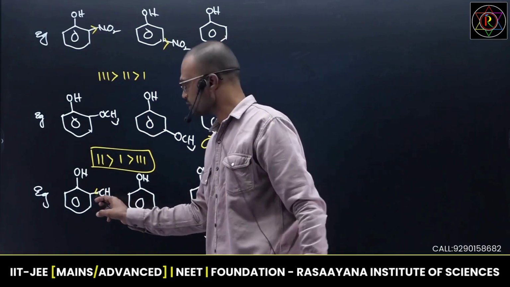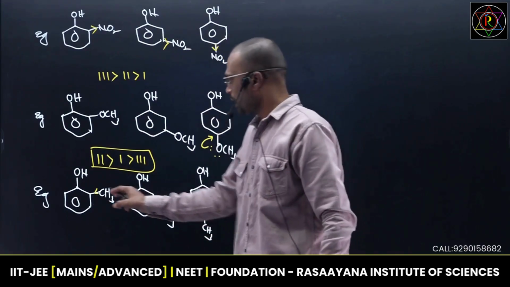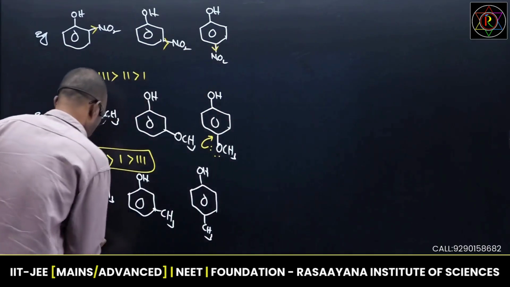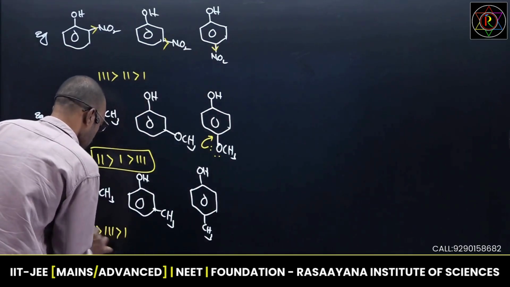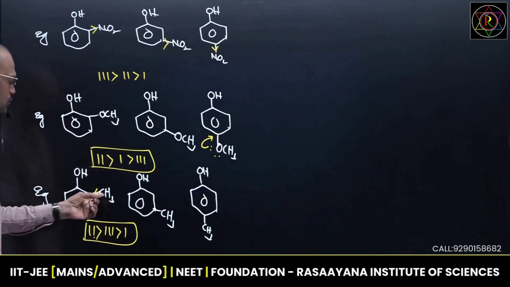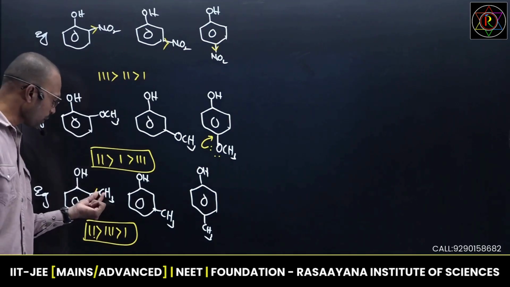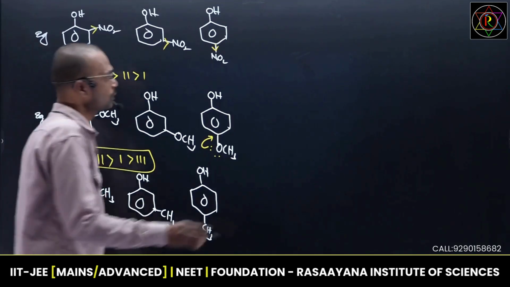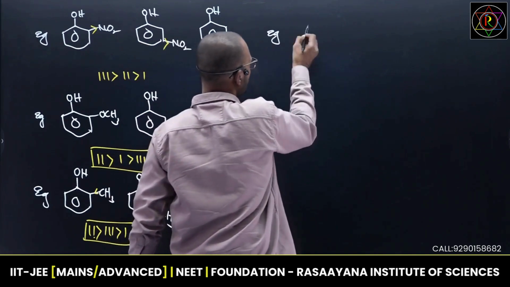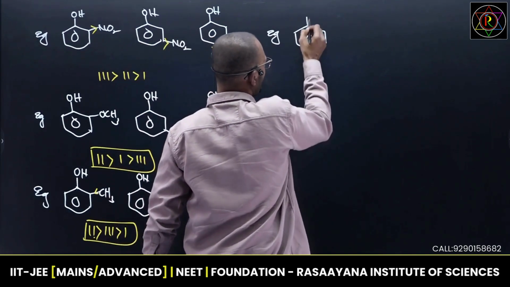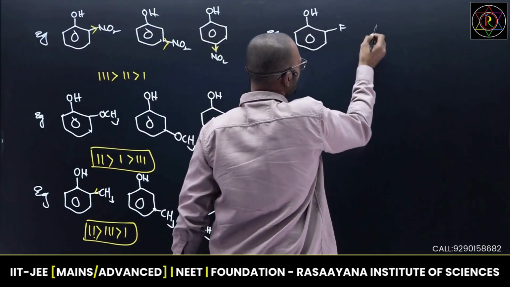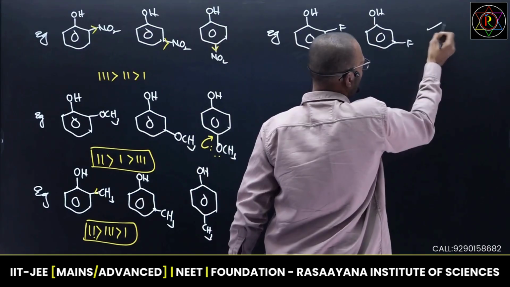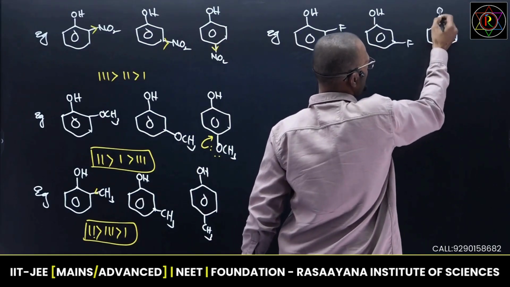Ortho carries more electron density as compared to para. Now, as compared to these two, this carries less electron density. So I can say second one is more acidic as compared to third one is more acidic as compared to first one. Because first one, due to presence of methyl group at ortho position, it is the strongest donor as compared to para. Okay, and very important point already explained, that when any halogen is present at ortho, and one more is meta and para, always try to operate only inductive effect.